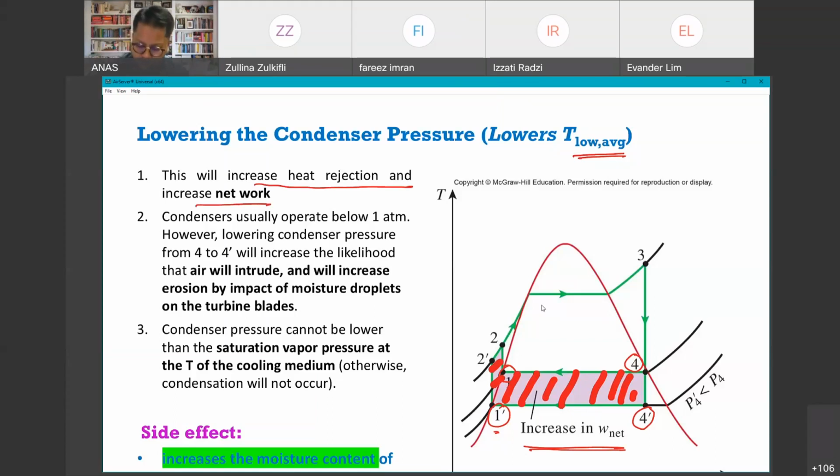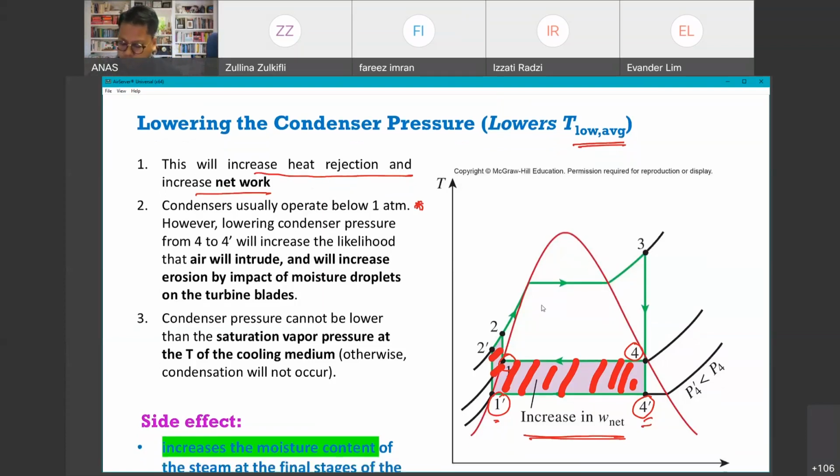If you look over here at point 2, which is quite critical, the condenser usually operates below 1 atm, so below atmospheric pressure. When we lower the condenser pressure to 4 prime, the new location, it will increase the likelihood that air will intrude, because the pressure from the outside will push inside, and it increases the erosion by impact of moisture droplets on the turbine blades.